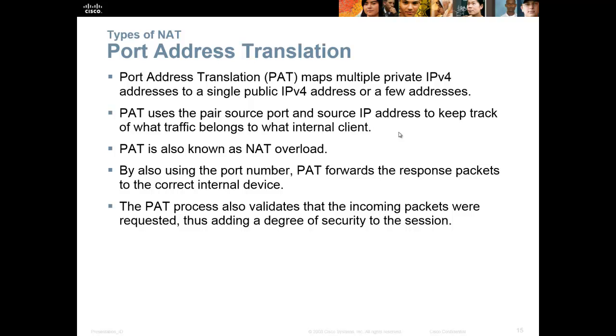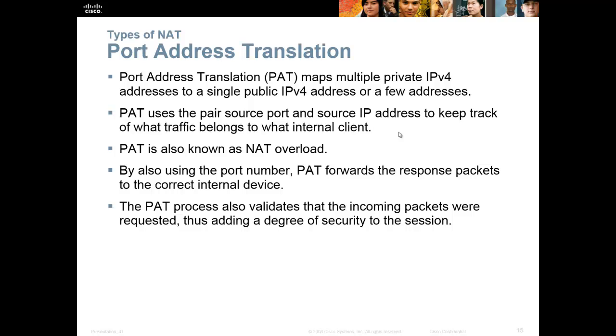Basically, you buy one public IP address, and it translates all your internal clients to share that IP address. So at home, where you have 4 different clients, 192.168.1.100, 101, 102, 103, when they go out to the internet, they all have the same IP address. So the rest of the world sees them sharing that IP address. It's overload because you're overloading that IP address with as many hosts as you can.